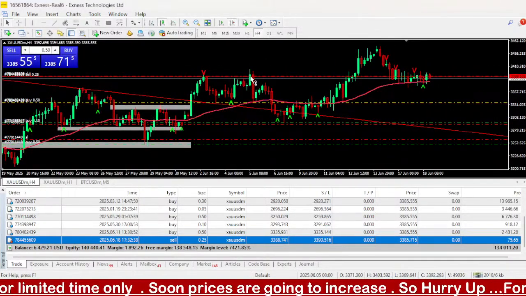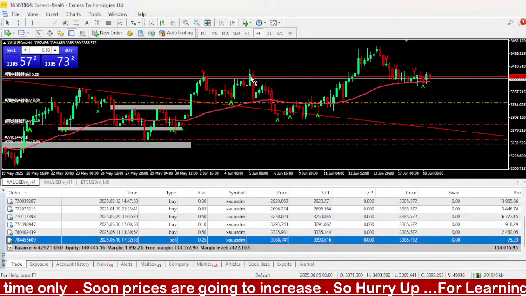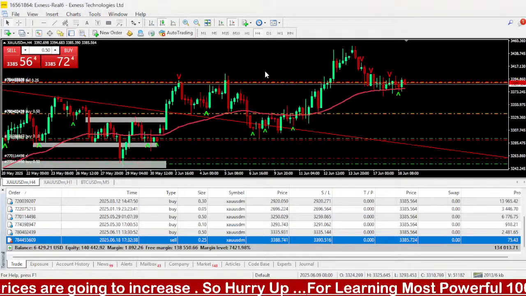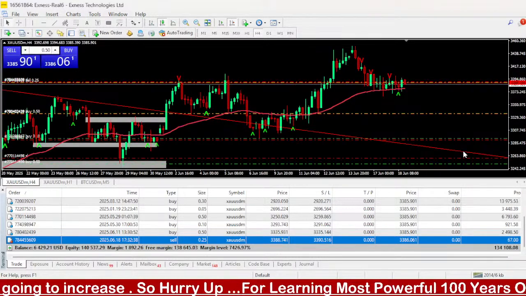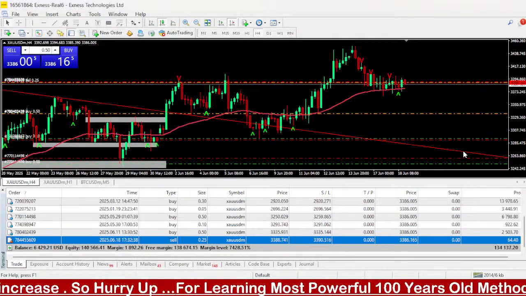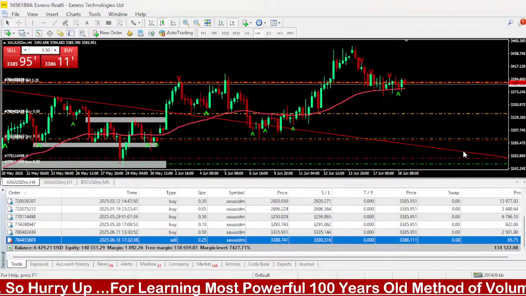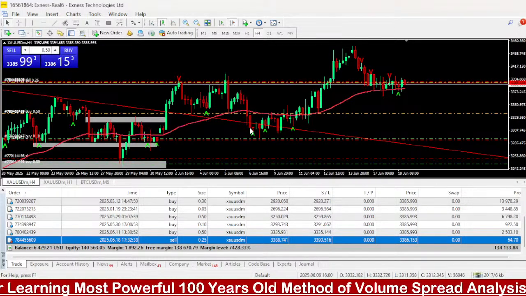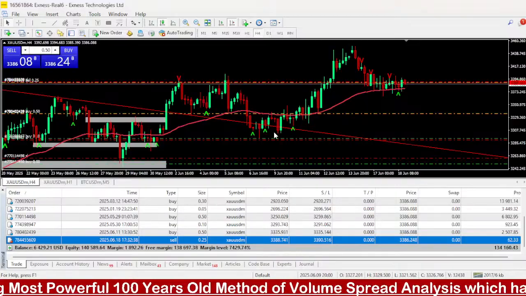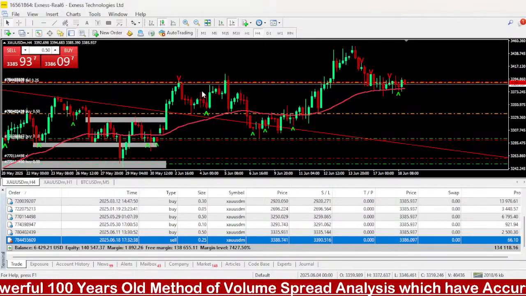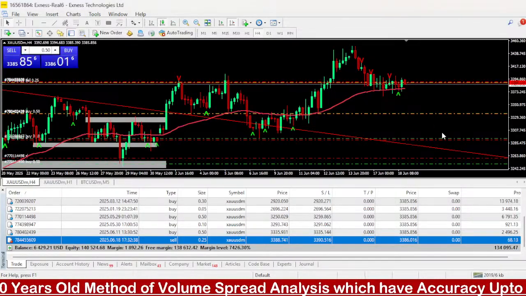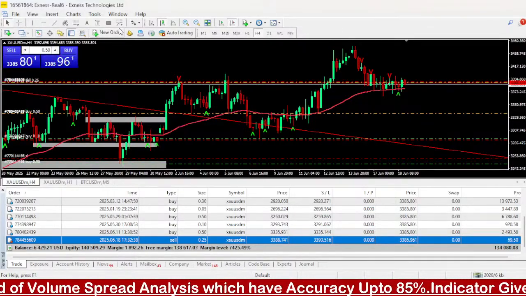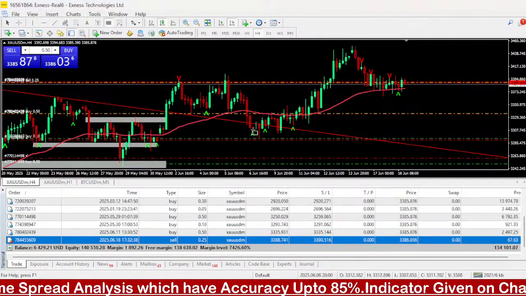But how much further it can go, maybe it can touch this red line, maybe, I am not sure. If we talk about this resistance, yeah, it can behave like this, it can test this level, may or may not, I am not sure.